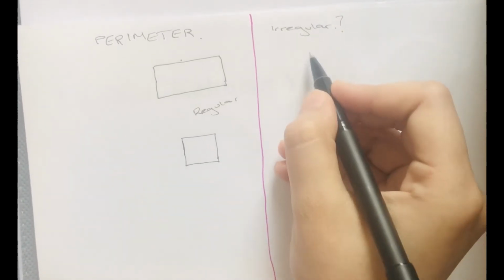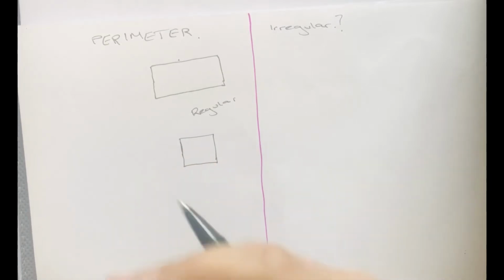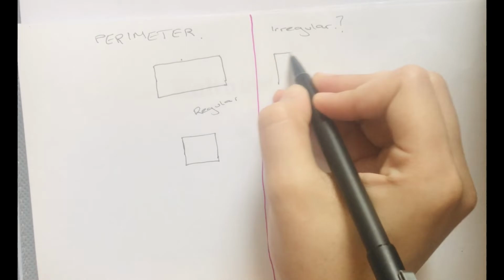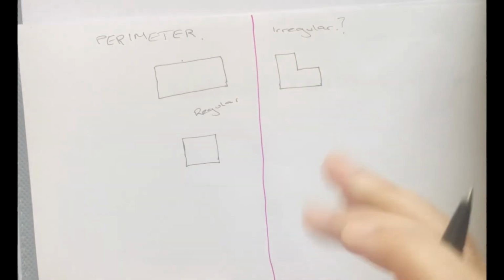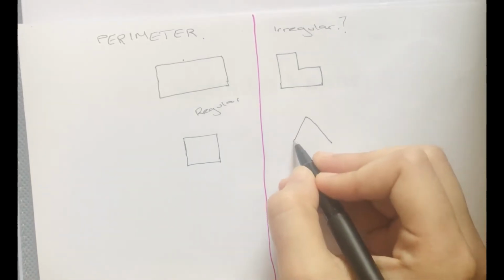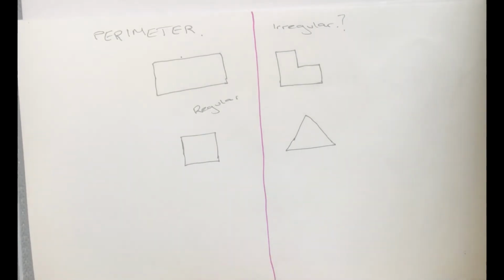Irregular shapes include shapes that do not have a solid form like a rectangle and a square. For example, this one right here is an irregular shape. A triangle can also be counted as an irregular shape because there's no specific form, it's not as solid as a square and a rectangle.